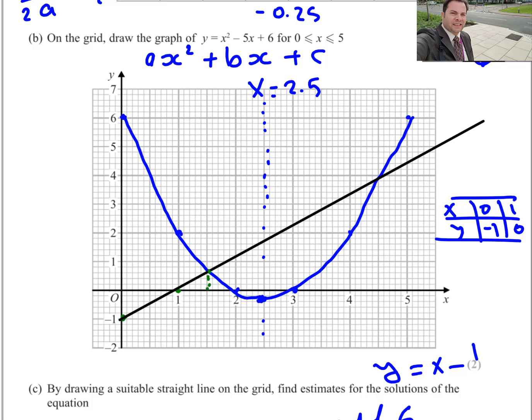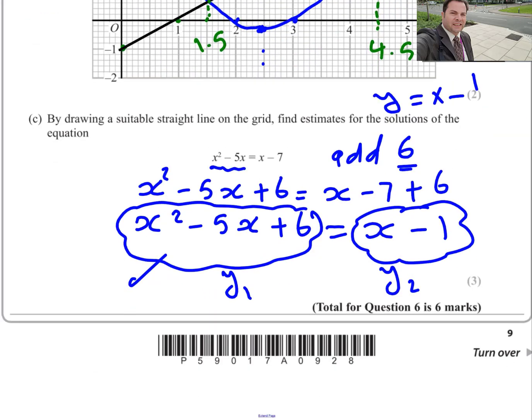This point and this point. It's an estimate of 1.5 and 4.5. So the solution of this equation is 1.5 and 4.5.